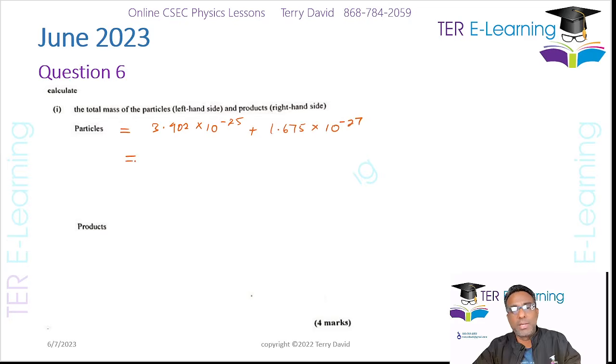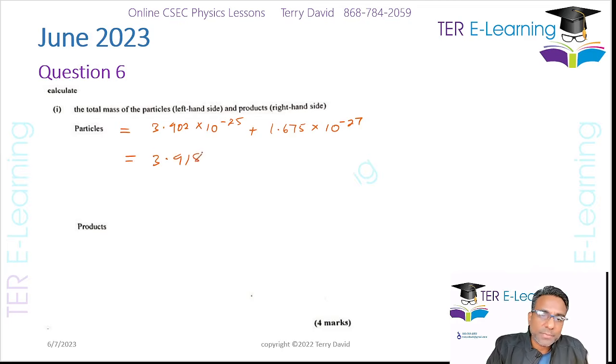So it's going to be 3.902 by 10 to the minus 25 plus 1.675 by 10 to the minus 27 equals. Now, I'm not going to round off anything as yet. So 3.91875 by 10 to the minus 25 kilograms.